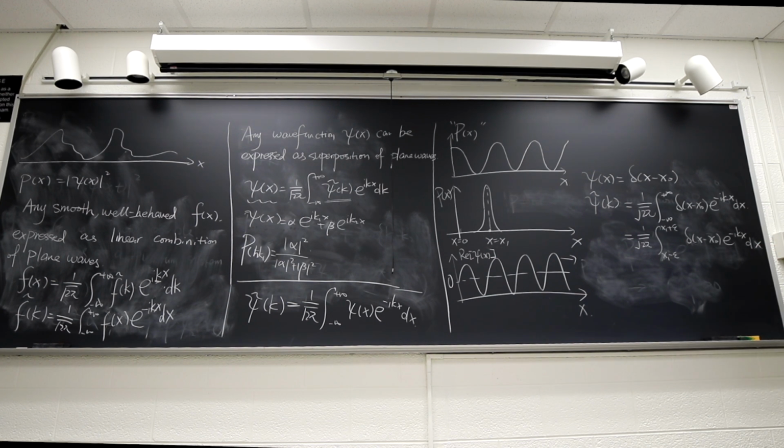Now this part is a little bit interesting when you do this integration. It's actually widely used in quantum mechanics. It's a mathematical trick, a physics argument. We say that the wave function is smooth and well behaved. What do we mean by that? We mean that this plane wave changes very little from x1 minus a very small quantity to x1 plus a very small quantity.